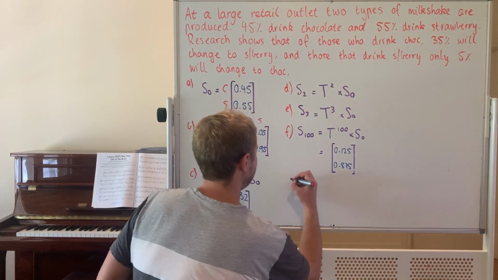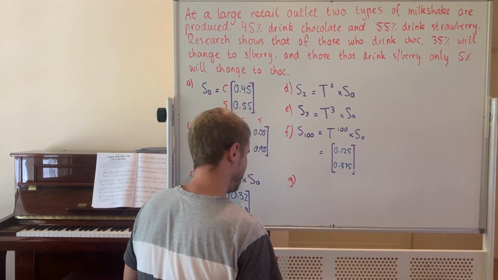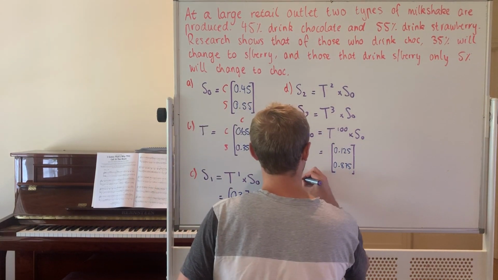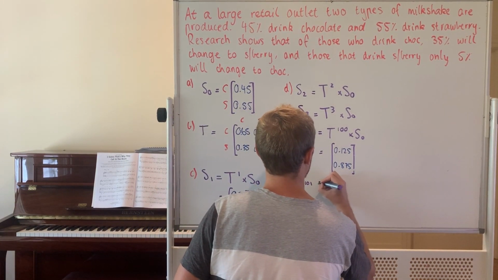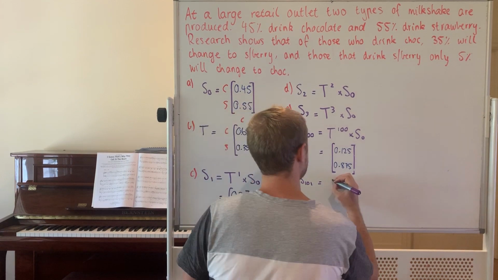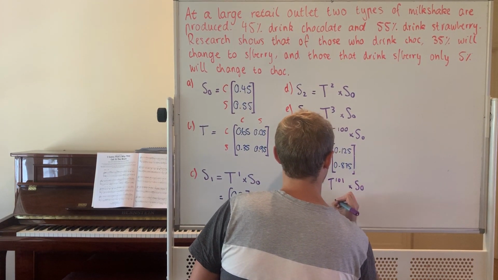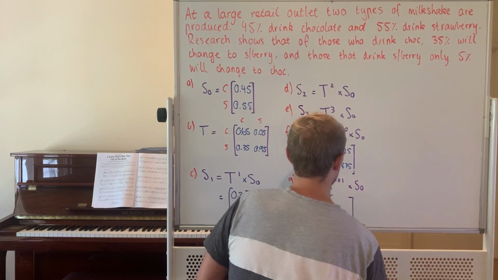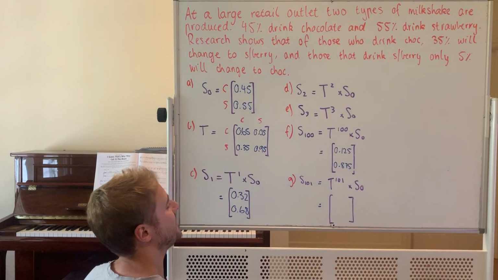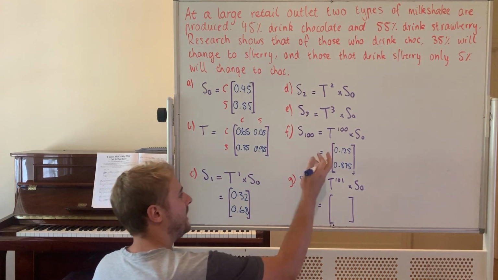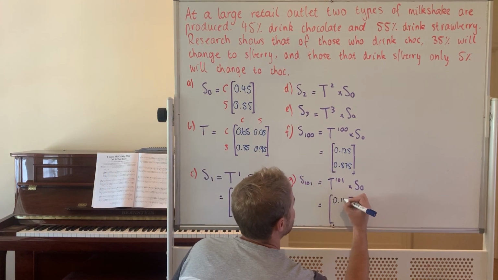Now with G, very similar, 101 months. You'll notice something pretty interesting about it. If you type that into your CAS, you'd actually get the exact same answer as the previous question.